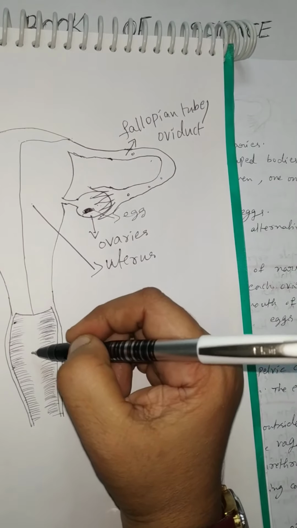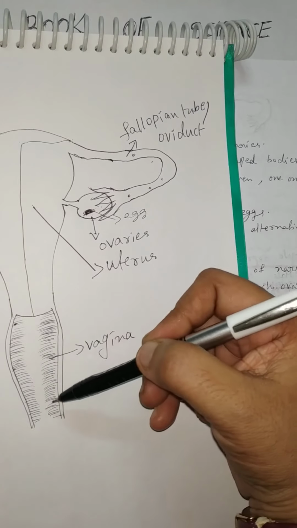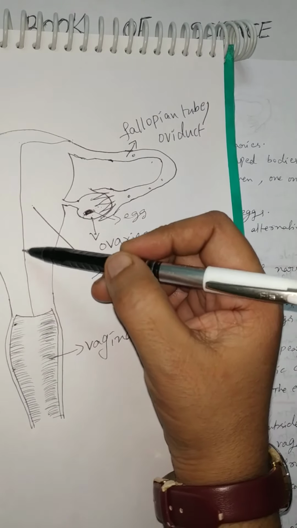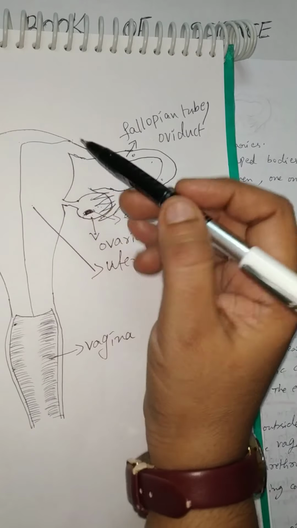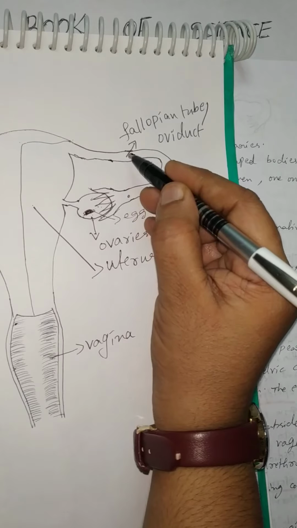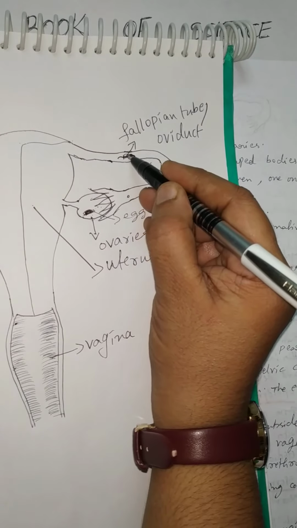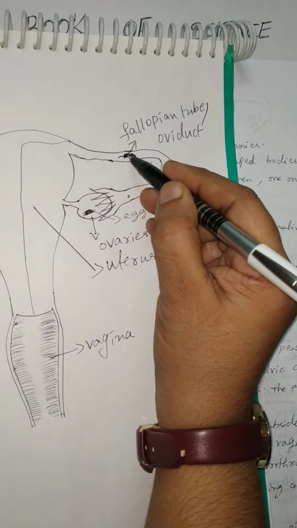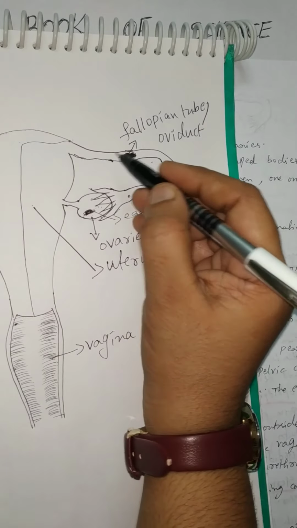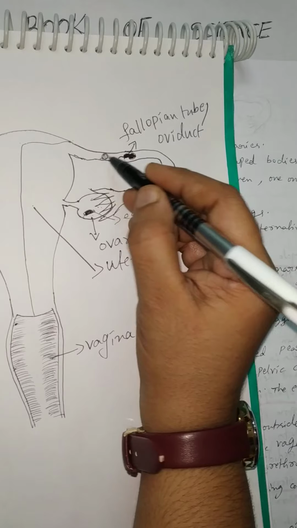Whenever the sperm enters through the vagina, it travels in this way, and here is the egg. The sperm penetrates and enters into the egg and it forms a zygote.